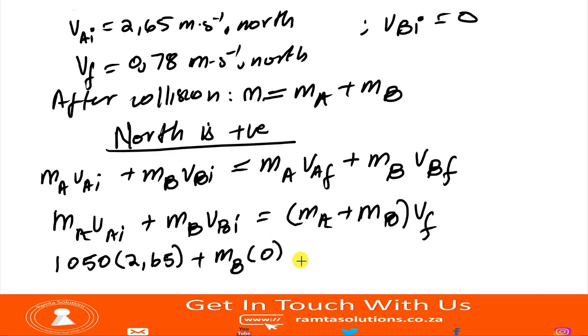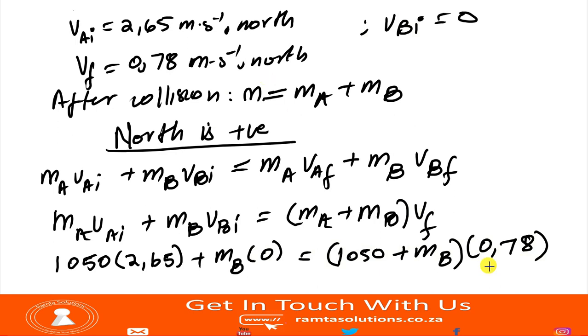I'm calling the car A. Mass of the truck is unknown. Their final velocity is 0.78 meters per second north, so it will be positive. Even if you hadn't done it like this, it's still okay; continuing with this, it was still going to work.